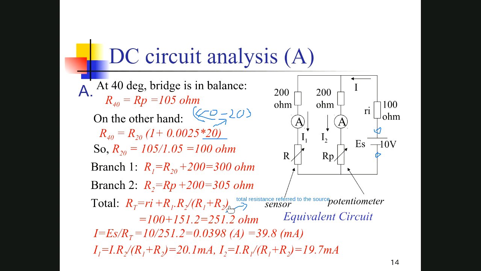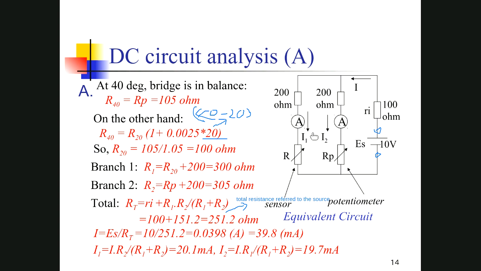Some students might ask, can I use other ways to estimate the current distributions in the system? Yes, you can do that. You can choose one loop and another loop to establish two loop equations.